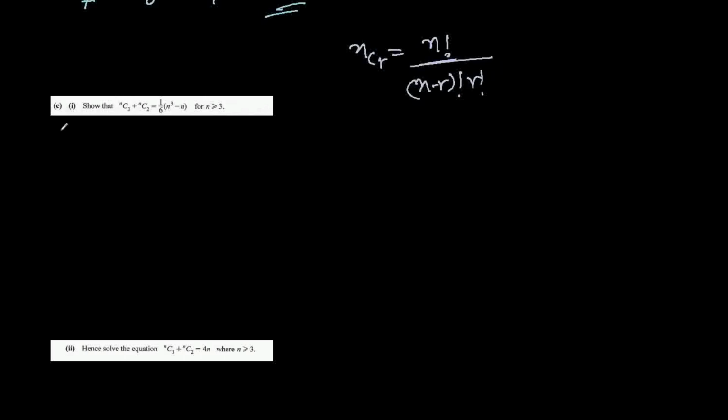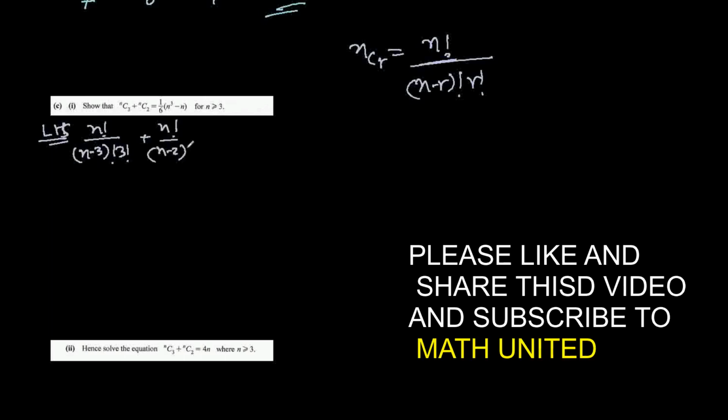So nC3 plus nC2, the LHS, left hand side, is n factorial over n minus 3 factorial 3 factorial plus n factorial over n minus 2 factorial 2 factorial. We have to prove that this is equal to this, so we can't use the right side.